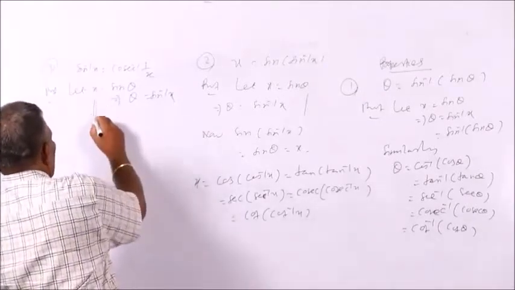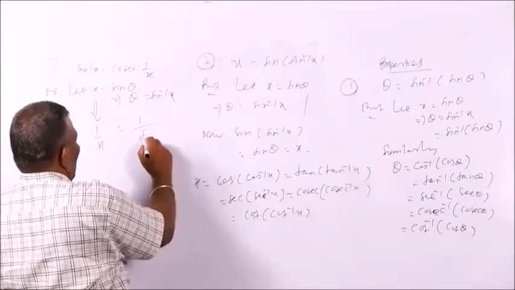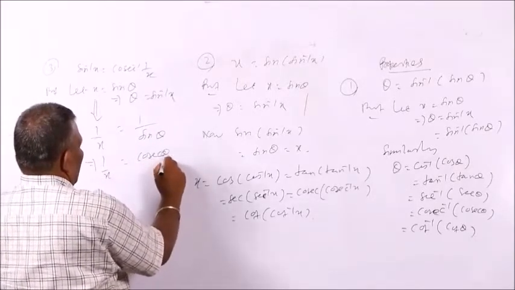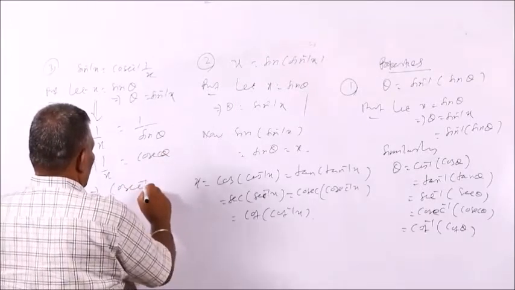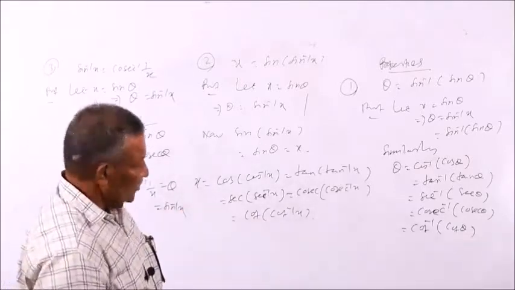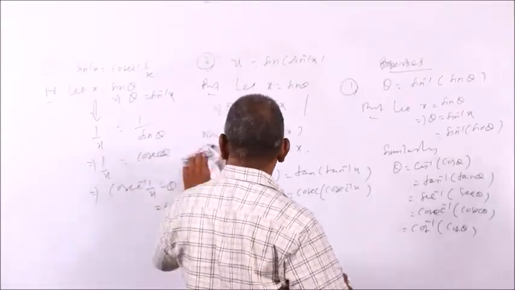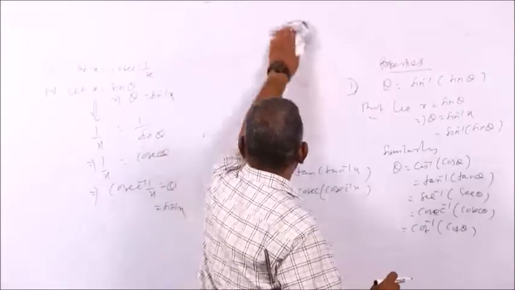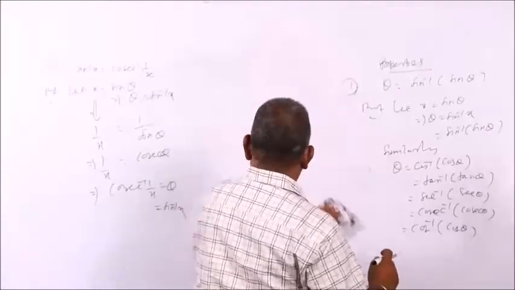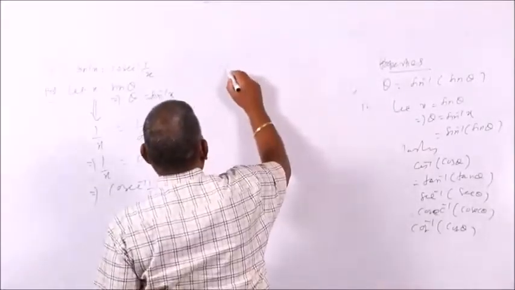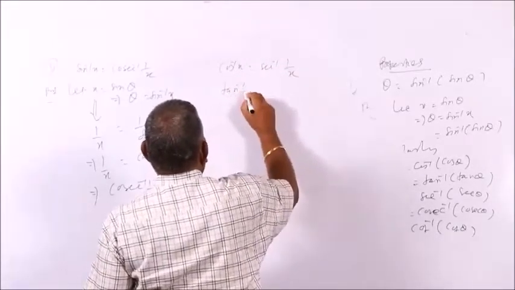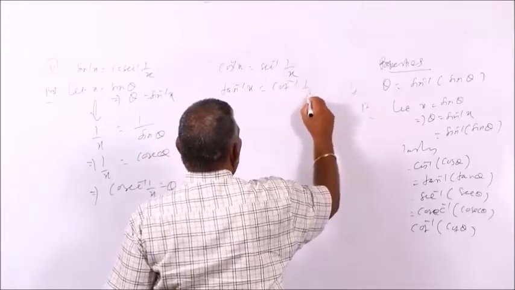Now we can take 1 by x equals 1 by sin theta, that is 1 by x equals cosec theta, that implies cosec inverse 1 by x equals theta equals sin inverse x. So sin inverse x equals cosec inverse 1 by x. Similarly, cos inverse x equals sec inverse 1 by x, tan inverse x equals cot inverse 1 by x.